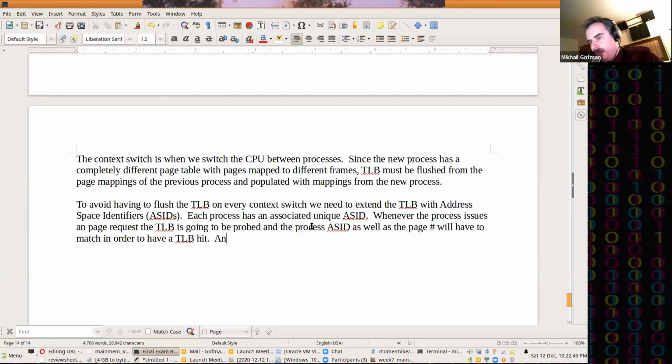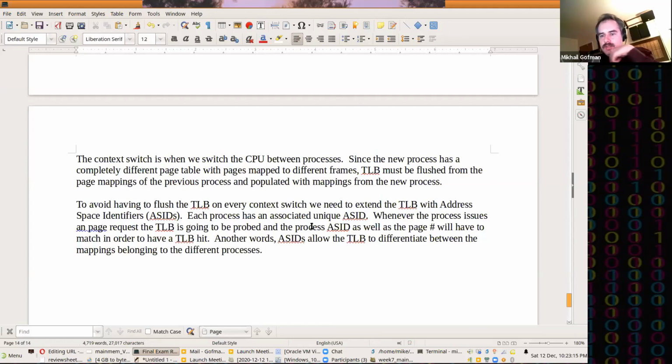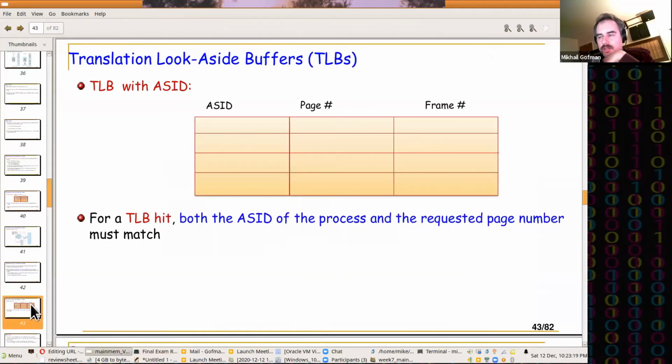Okay, so in other words, ASIDs allow the TLB to differentiate between the mappings belonging to the different processes. Okay, and this is the picture of the TLB extended with ASIDs.